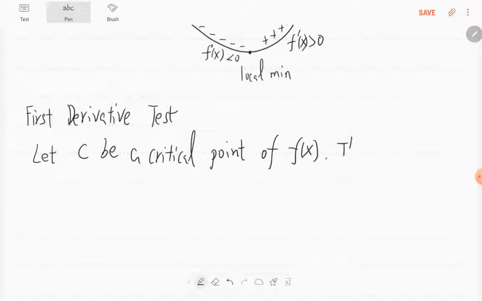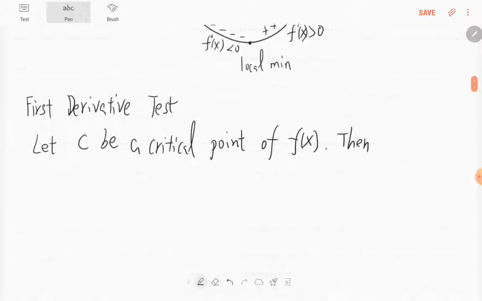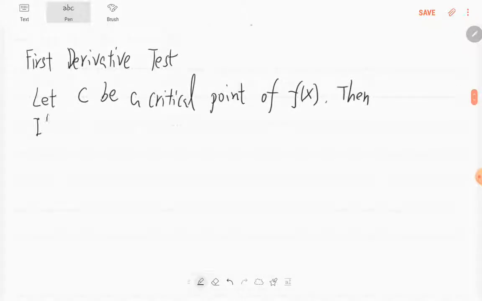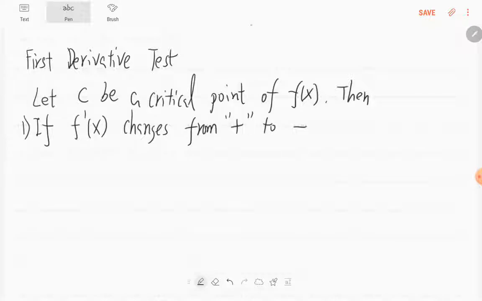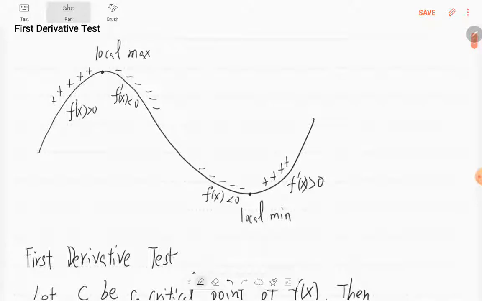Then if f prime changes from positive to negative at c, which is this case, right?